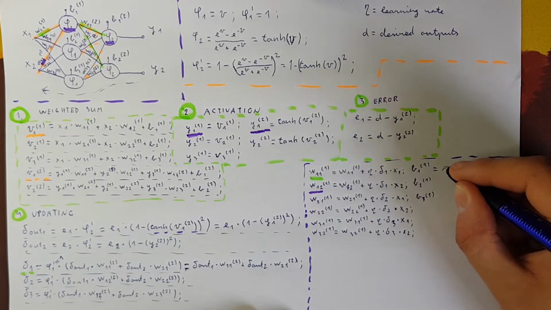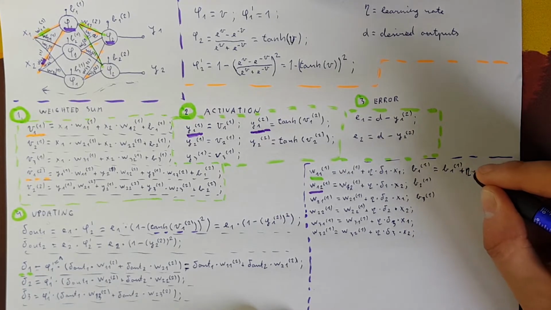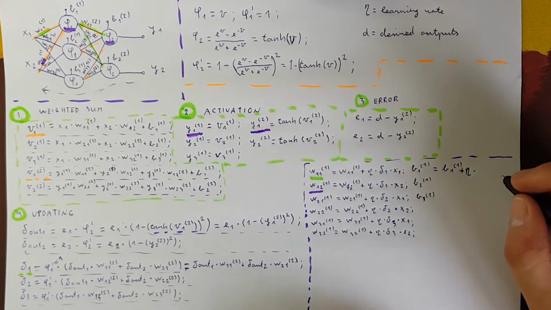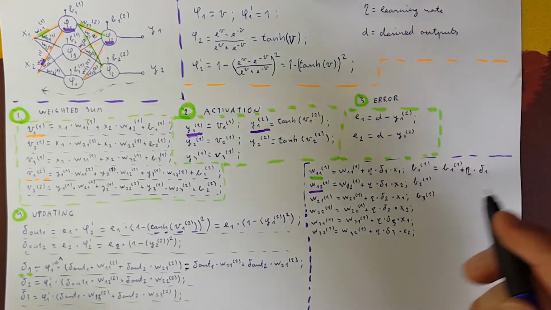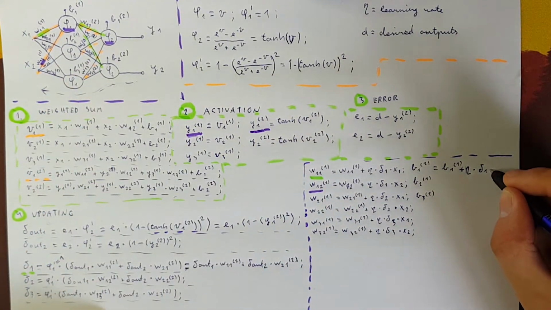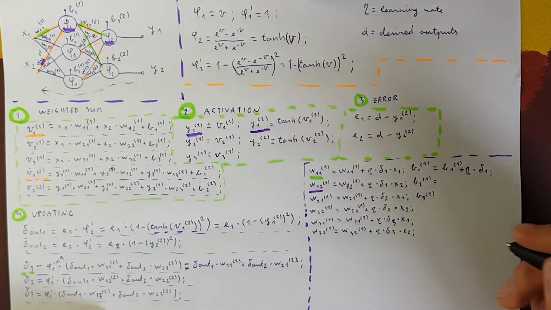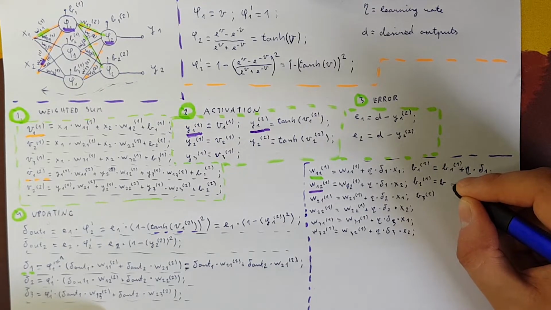We calculate by taking the same weight and adding a learning rate multiplied by the corresponding delta of that neuron. So since this is the first neuron and B1, we take the delta of the first neuron. And we do the same for the B2 of the first layer.